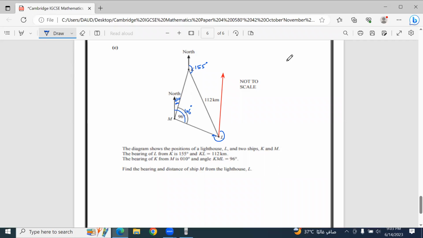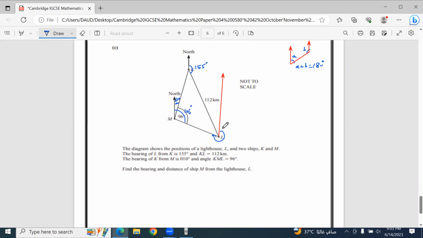If we have two norths, and north is always parallel, and we have a line which connects these two norths, the interior angles of these two norths always add up to supplementary. Which means if this one is A, this one is B, then A plus B equals 180.